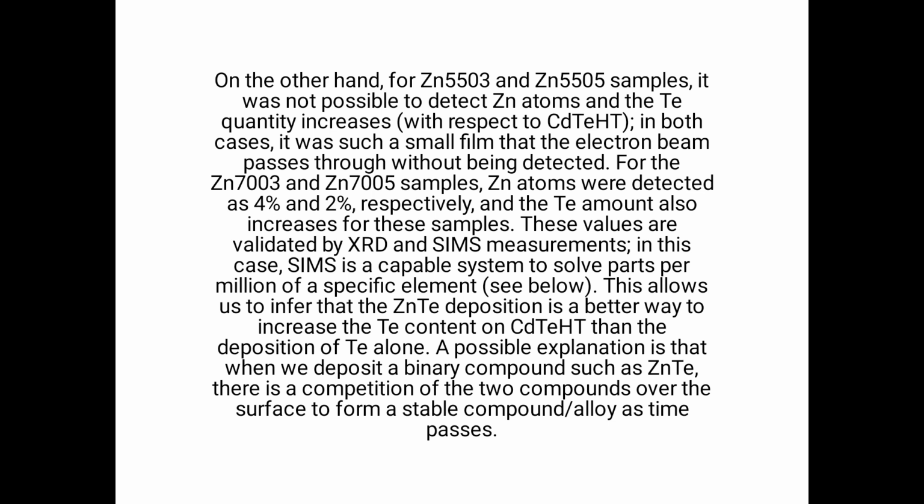For the other samples, Zn atoms were detected at 4% and 2% respectively. The Te amount also increases for the sample. These values are validated by XRD and SIMS measurements. In this case, SIMS is a system capable of resolving parts per million of a specific element.